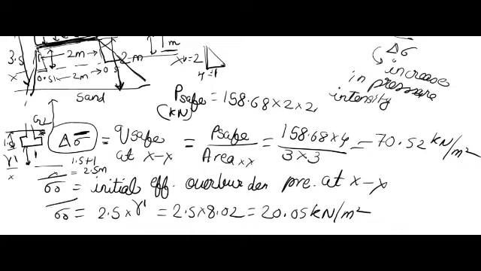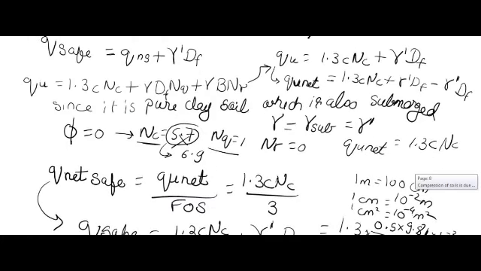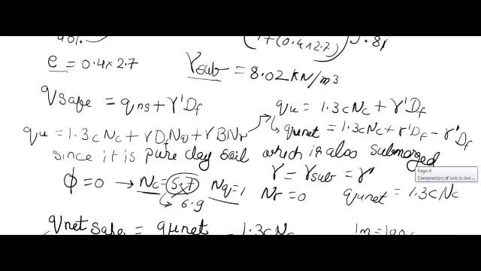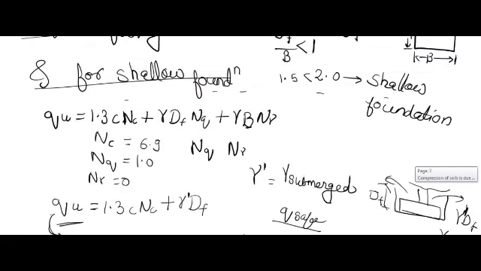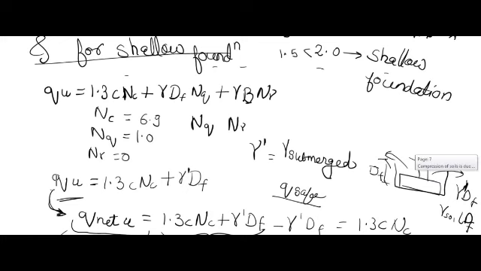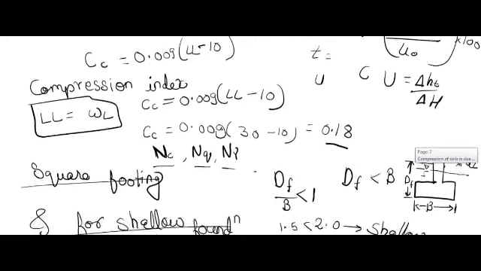And earlier we found Cc also, that is the compression index. Now the problem has literally come to an end. We found the compression index at the starting only. It comes out to be 0.18, that is 0.09 into liquid limit minus 10.